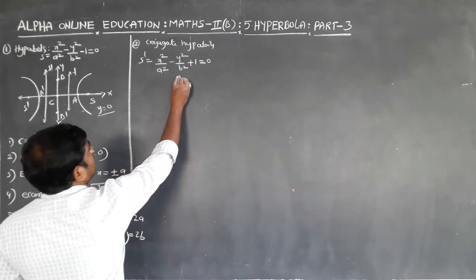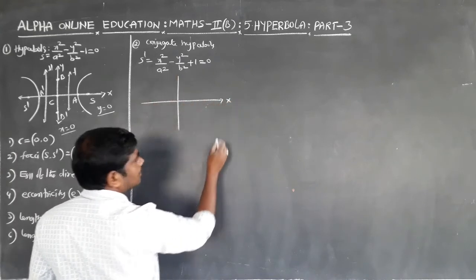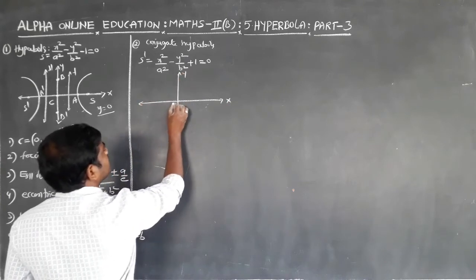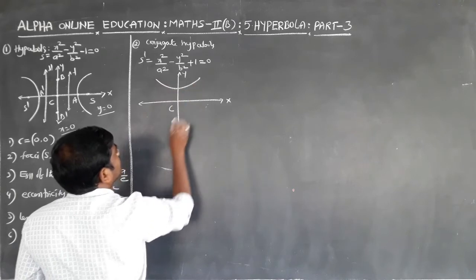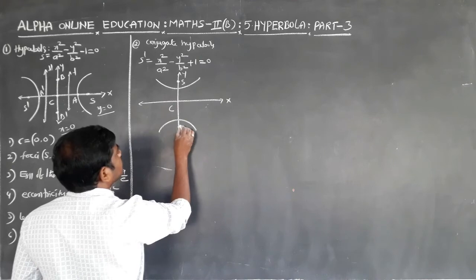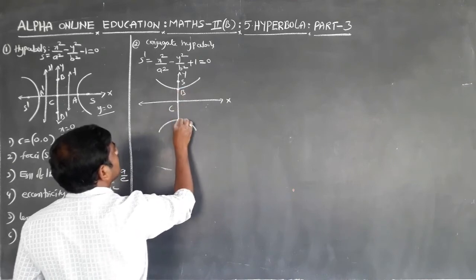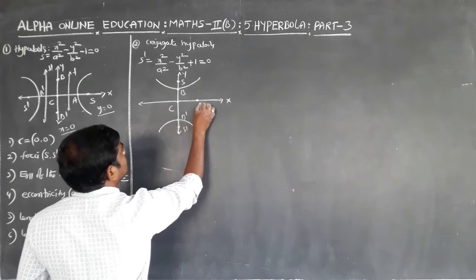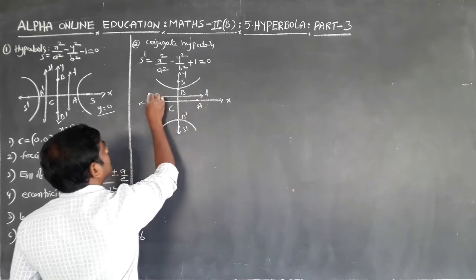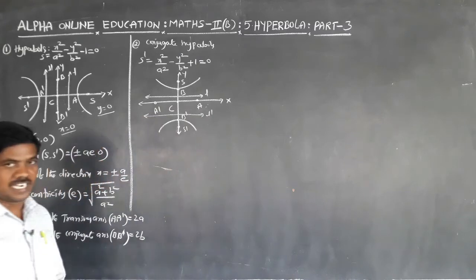So here is the diagram of the conjugate hyperbola. This is the x-axis, this is the y-axis, this is the center, this is the focus S, this is the focus S dash, this is the vertex B, this is B dash, this is A, this is A dash, this is the equation of the directrix L, this is the equation of the directrix L dash.